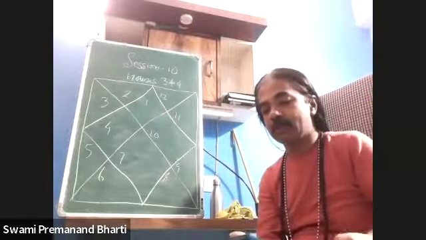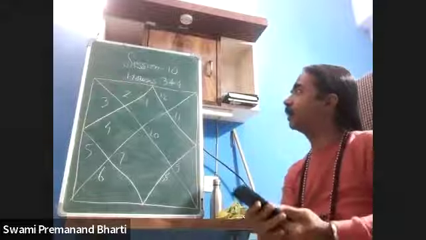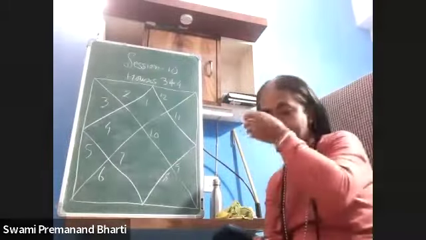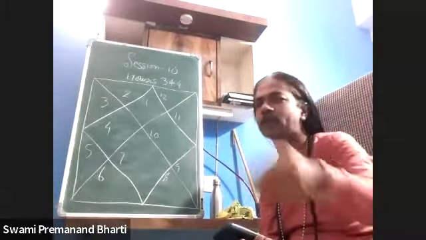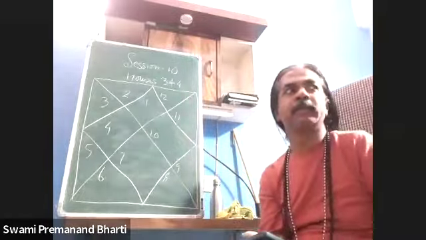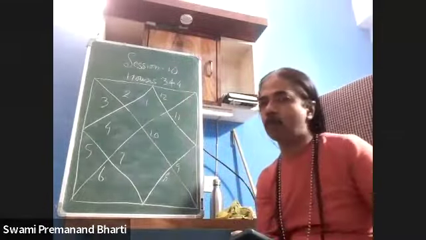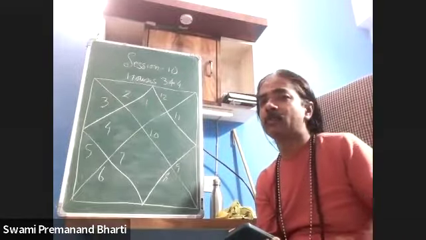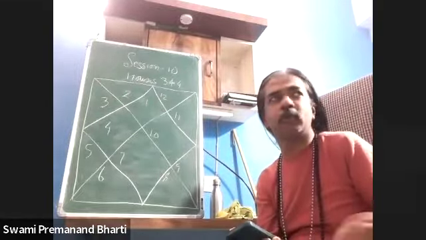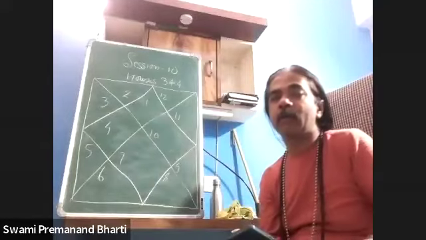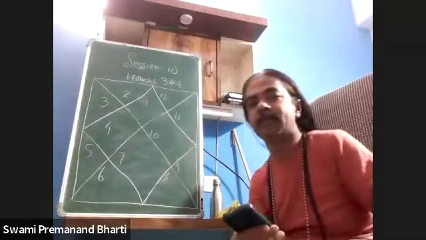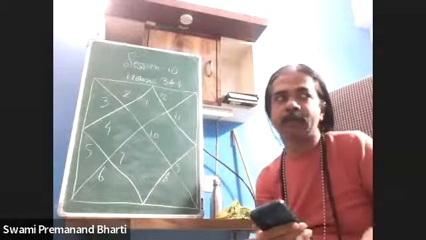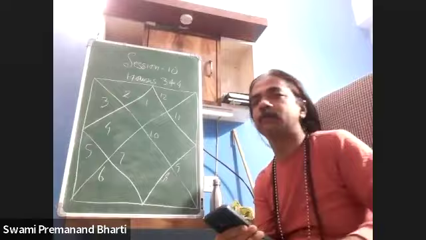So this is why third house is your very short distance travels. It is from office to home, home to office. If it is going to a marketplace and coming back, going to a shop and coming back, going to a movie, coming back, those short distance travels are seen from this third house.